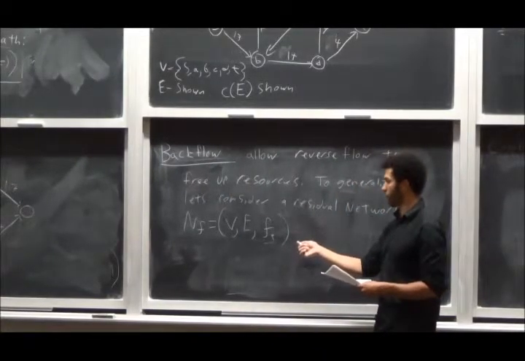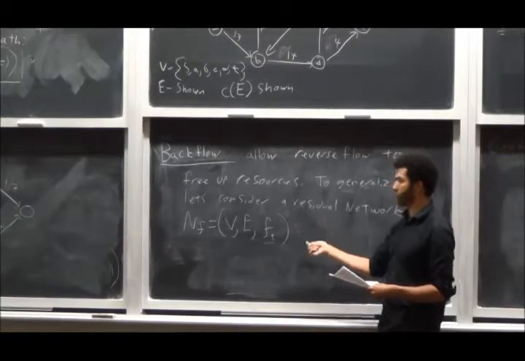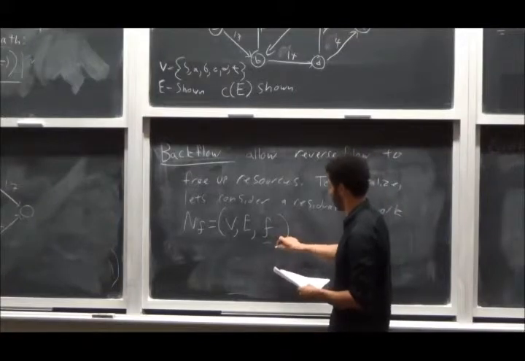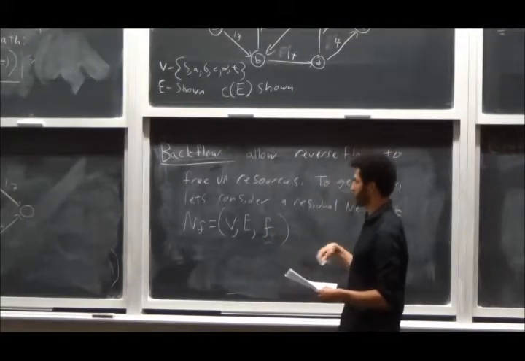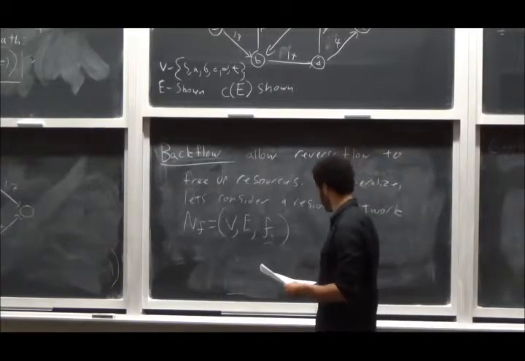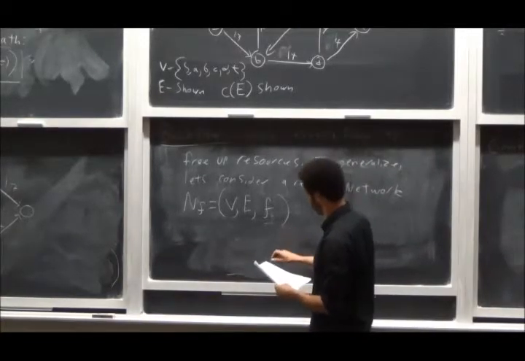And we're going to define our residual network based on some flow amount. I'm adding a T index. You don't have to. It can just be some arbitrary flow. But I like to think of things in terms of the algorithm improving over time. But then I also drop the index sometimes.